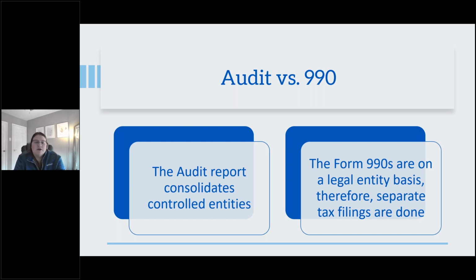What that means is that your audit would contain all of those various controlled entities underneath the umbrella of one audit report. And this will be different from your Form 990, as your Form 990 is filed on a legal entity basis. So if each organization does have a different EIN, that will be filed separately on their own tax filing. So it is important to note as you're reviewing the two every year or trying to understand differences here and there.